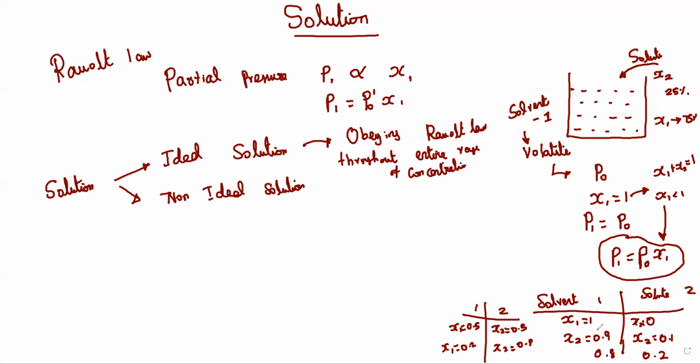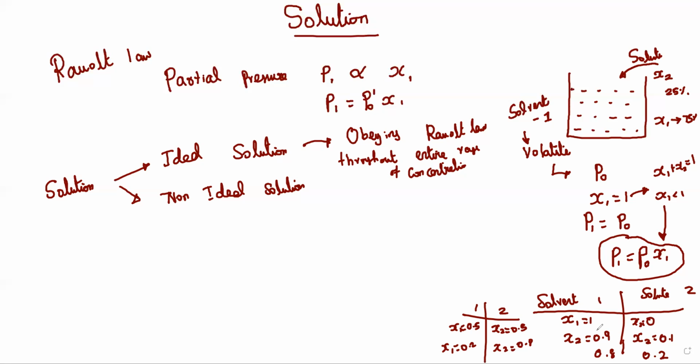So for example, if I take X1 equal to 0.9, my concentration is 0.9. In that case, I calculate P1, the partial pressure of 1. P1 I can measure, X1 I can calculate, and from that I find P0. That P0 must be the original value.